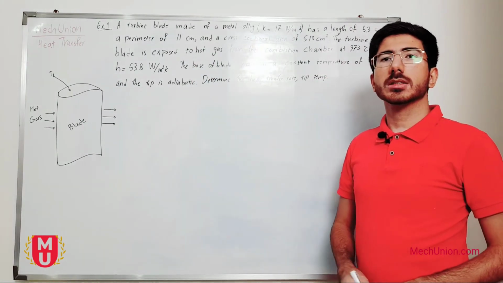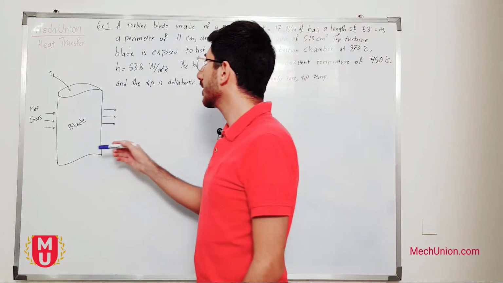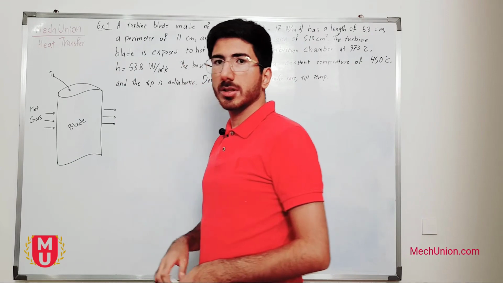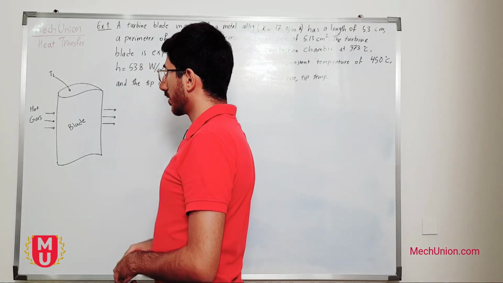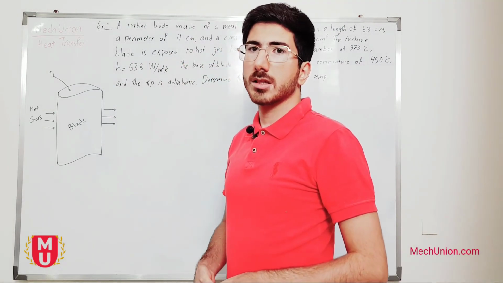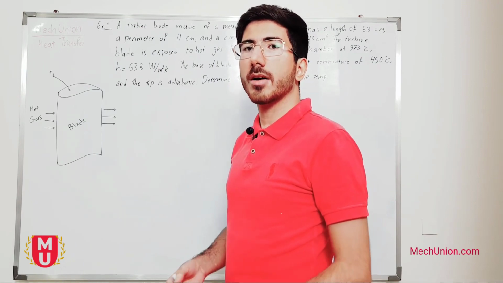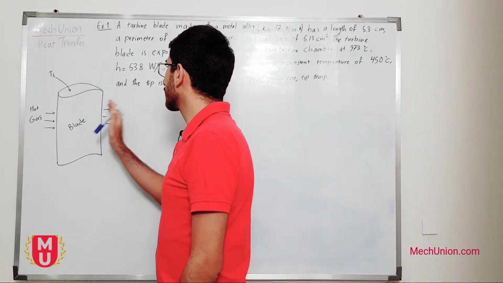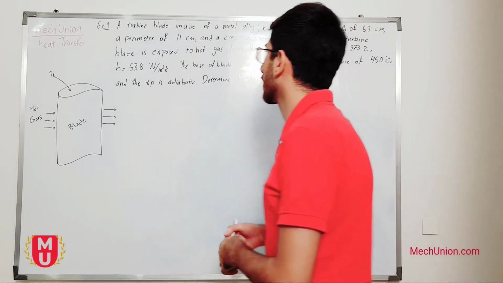Okay, there are 4 assumptions to solve this problem. 1. Heat conduction is steady and one-dimensional. 2. Thermal properties are all constant. 3. Heat transfer by radiation is negligible. And 4. The cross-section of turbine blade remains uniform. We write down our given data.